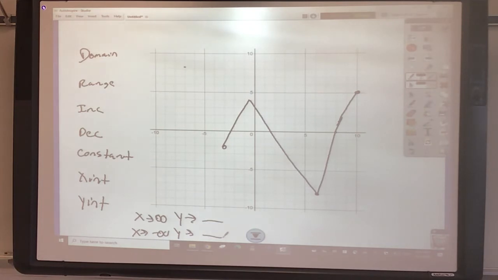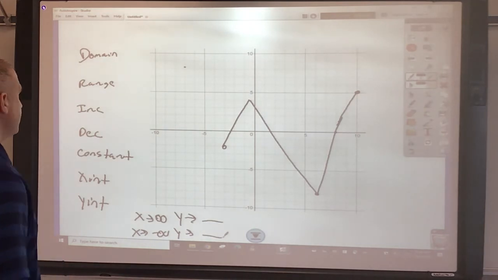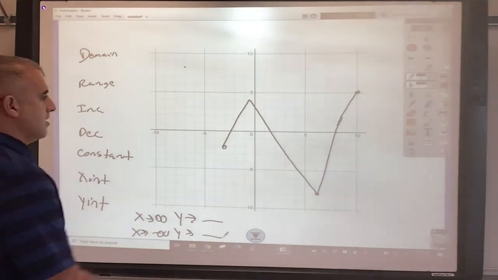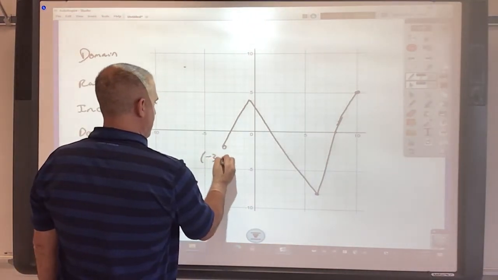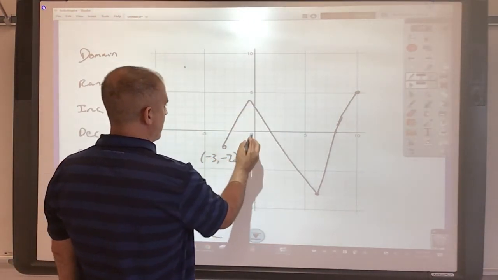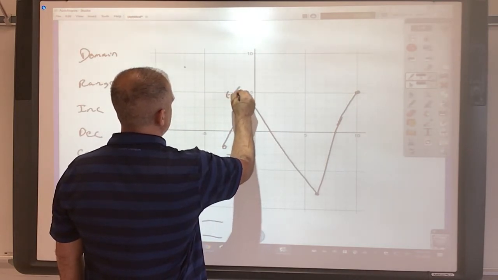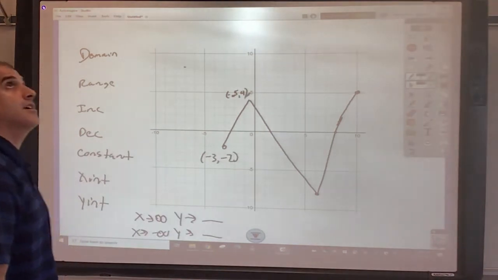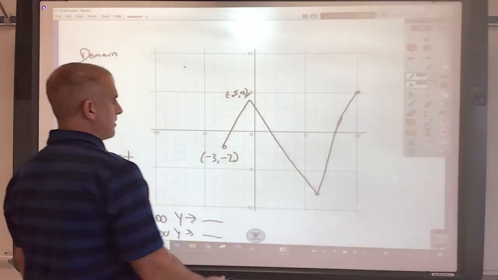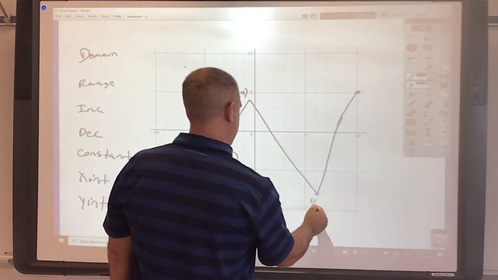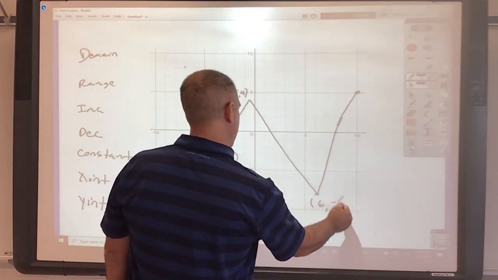Now you can unpause. As you can see, I have no arrows here. I label this as -3, -2. I label this point 0.5, -0.5, comma 4. I'm going to label this point 6, -8.